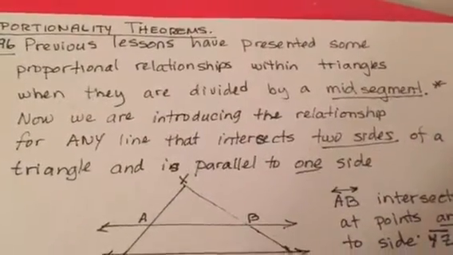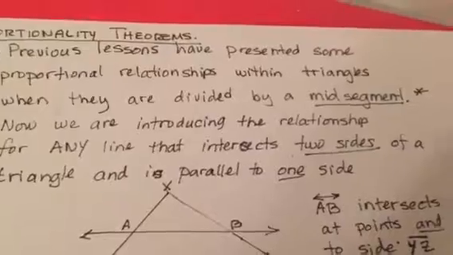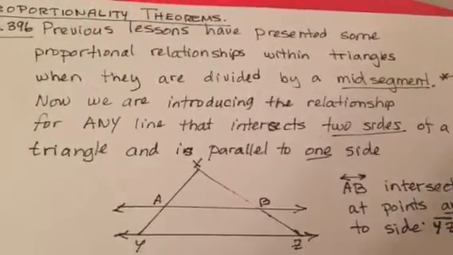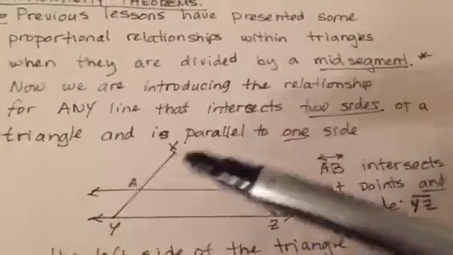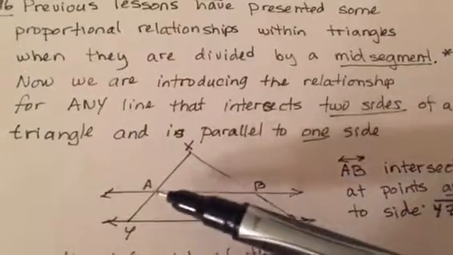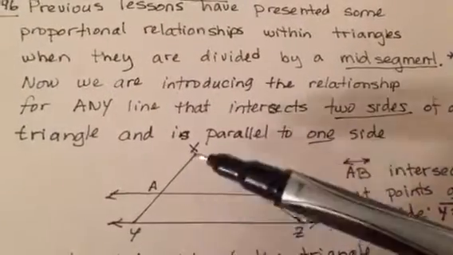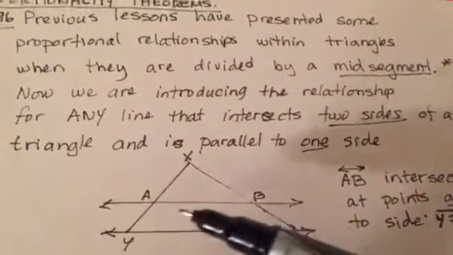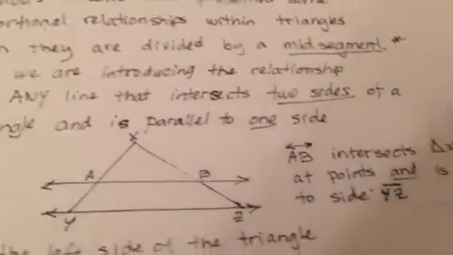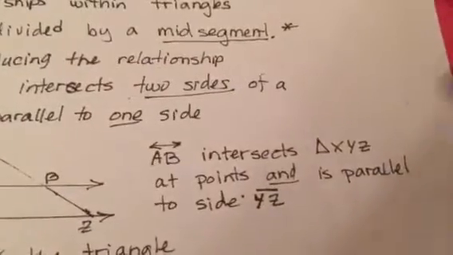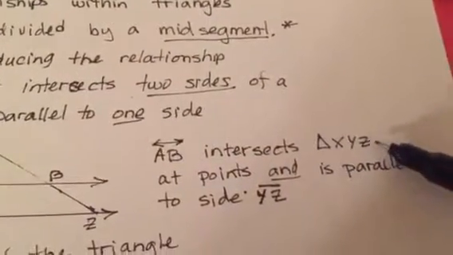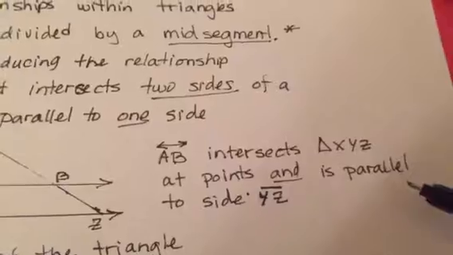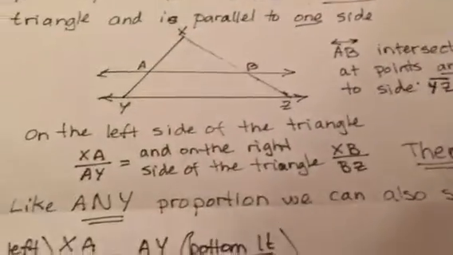Now we are introducing the relationship for any line that intersects two sides of a triangle and is parallel to one side. You'll notice that A is not a midpoint of XY. So this line is parallel to YZ, and it intersects the triangle at 2 points. So right here we say AB intersects triangle XYZ at points and is parallel to side YZ.